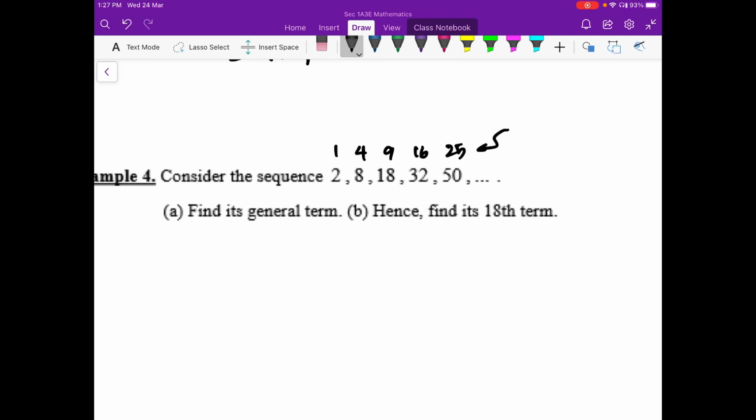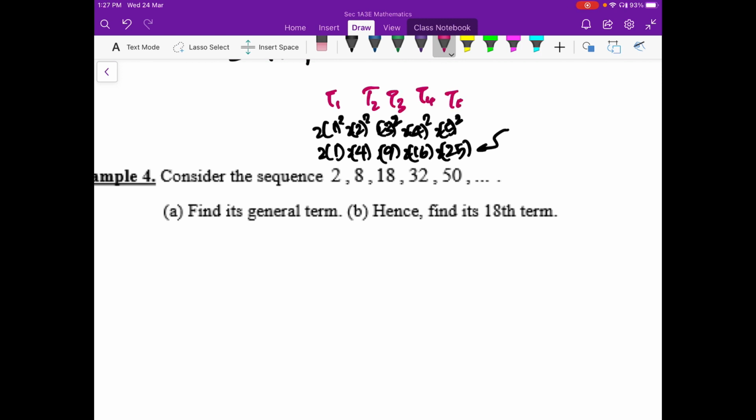This is actually my 1 square, 2 square, 3 square, 4 square, 5 square. Then all I need to do is to just multiply by 2. So it's 2 times the square, 2 times the square. Okay, very messy over here, but you get the idea. So this was my term number 1, term number 2, term number 3, term number 4, term number 5, term n.